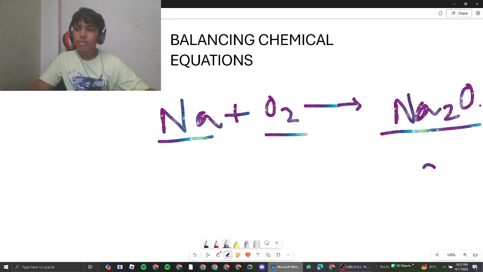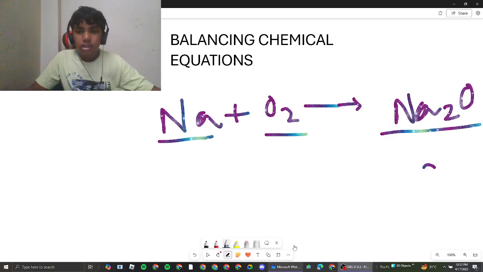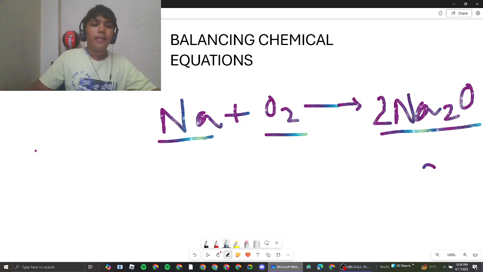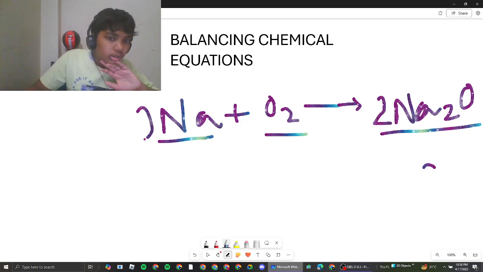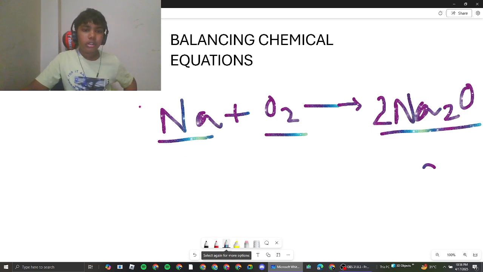Remember, we cannot change the subscript at the bottom, we can only put a coefficient on the front. So the solution is you have to put 2 here. Then we would have to put a 4 here, because I'll explain why.